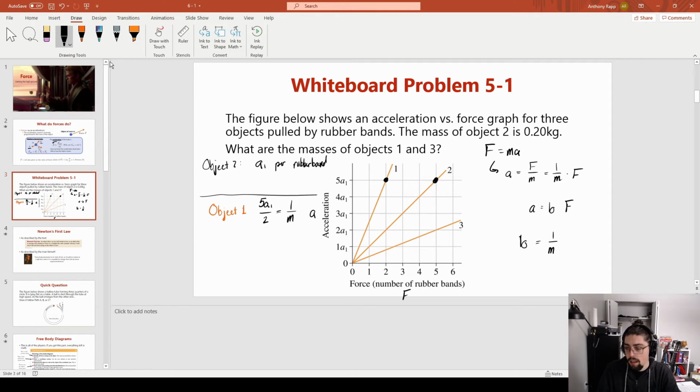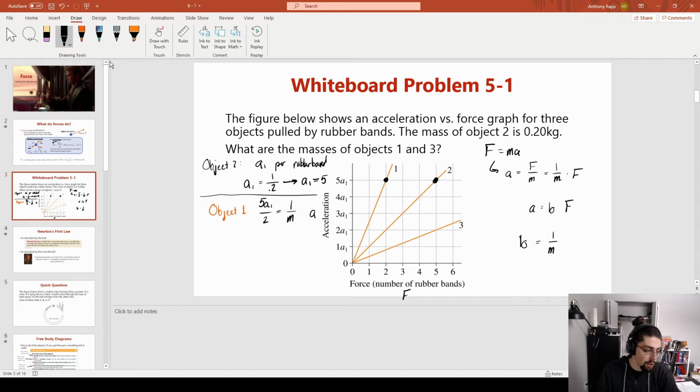That is to say, if I'm expecting my slope to be A1, then that should equal 1 over the mass that I'm given, 1 over 0.2. A1 is equal to 5.